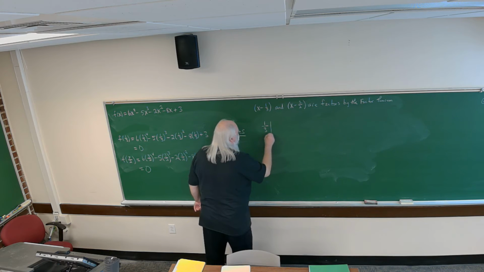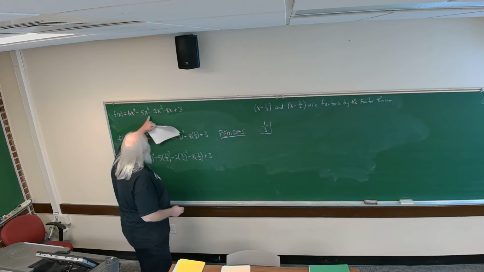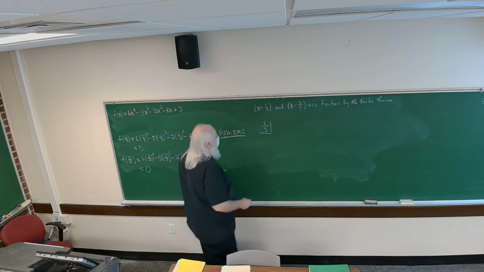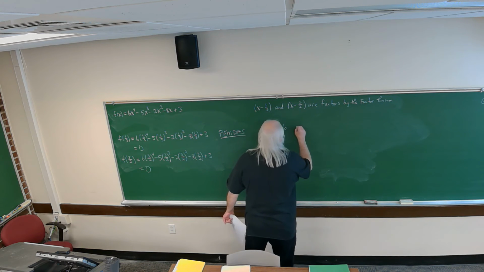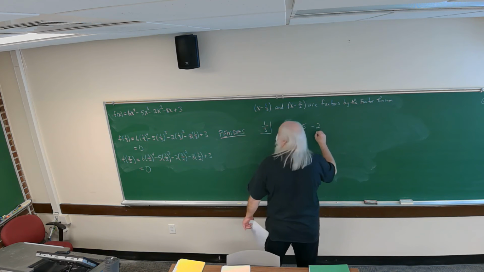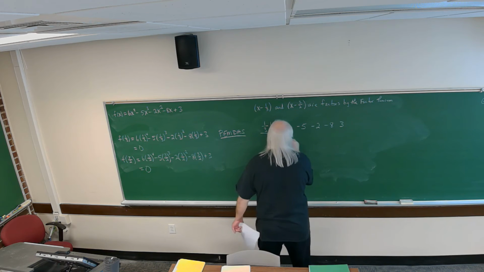So we put 1/3 in our box, and then write out the coefficients in descending powers of x. The coefficients are 6, minus 5, minus 2, minus 8, and 3.